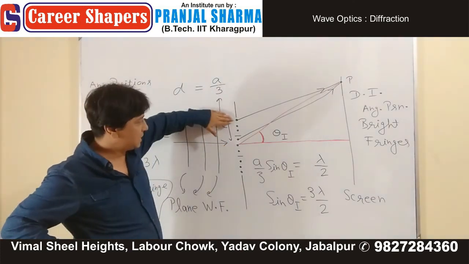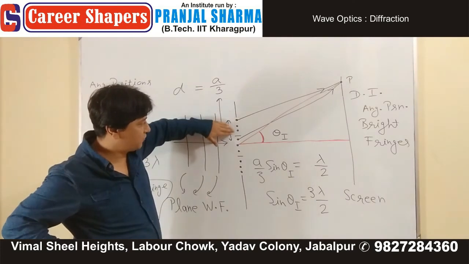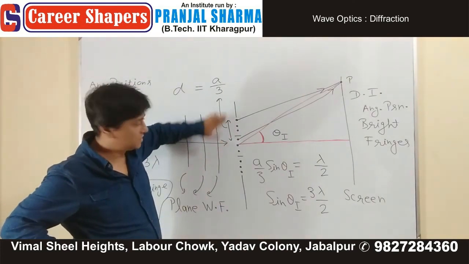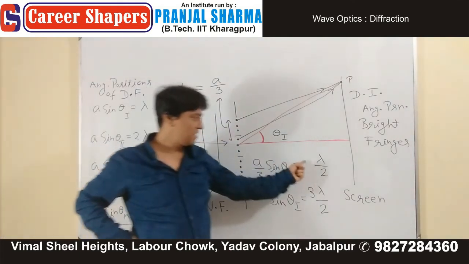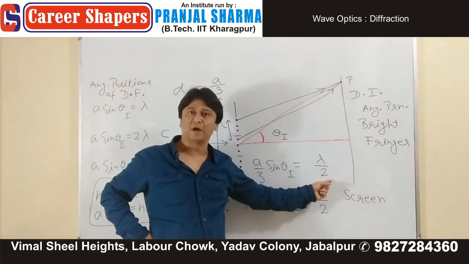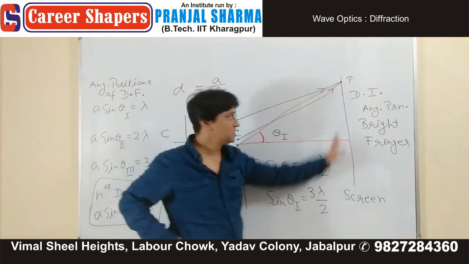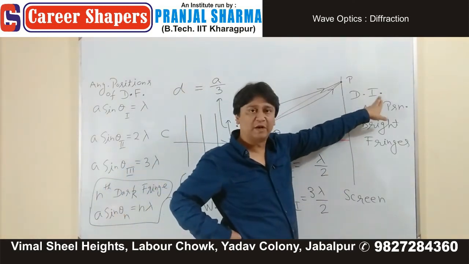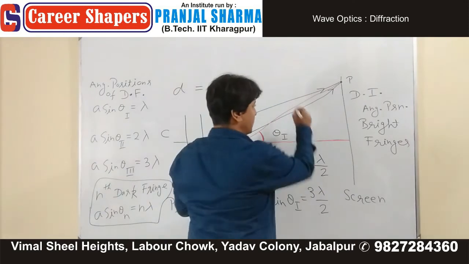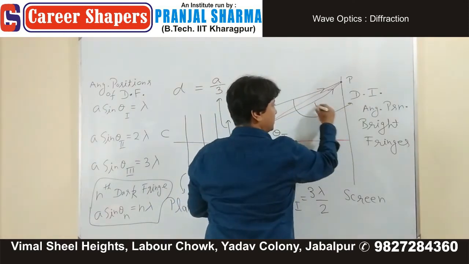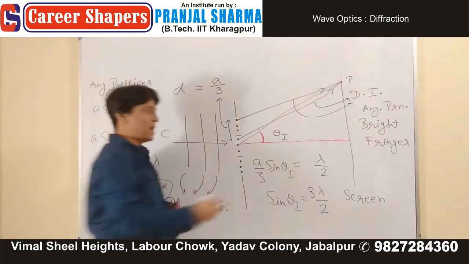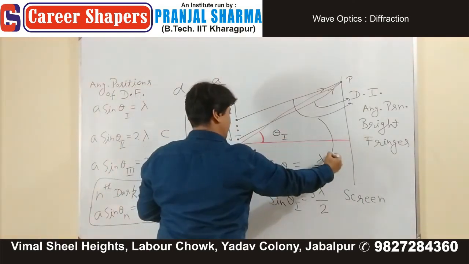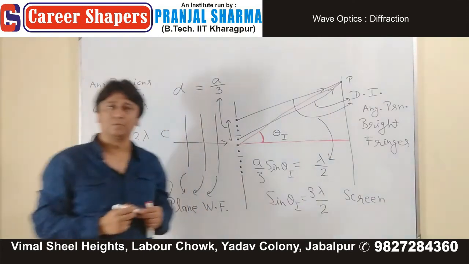So all the secondary sources of the first are cancelled by the secondary sources of the second, because they have a path difference of lambda by 2. And because of this, destructive interference will take place between these two waves.